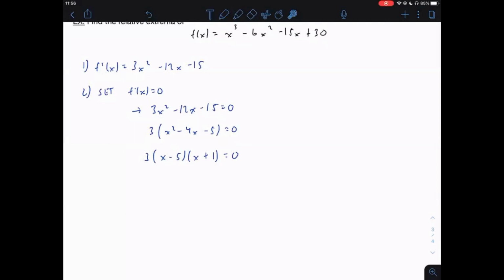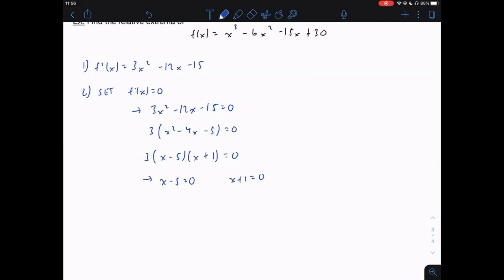And then what we do, just like in algebra, after we have completely factored our equation, is set each factor that involves x equal to 0 and solve for x. Meaning we're going to set x minus 5 equal to 0, and x plus 1 equal to 0. Again, any factor that involves x within its expression.